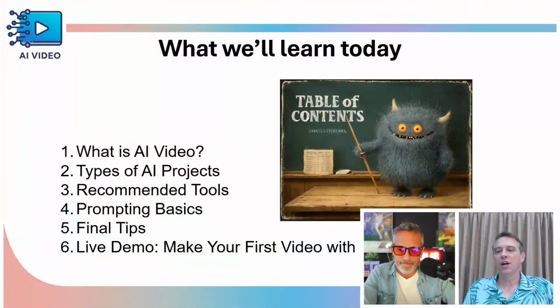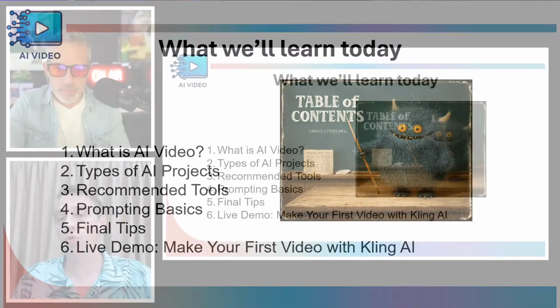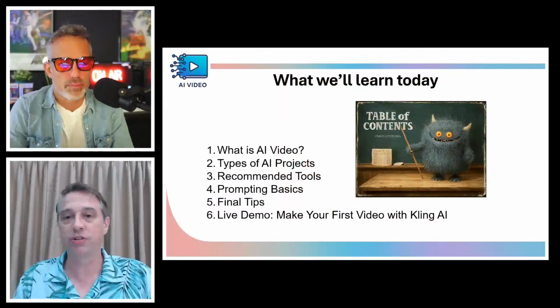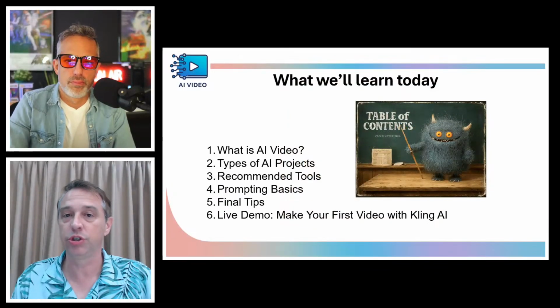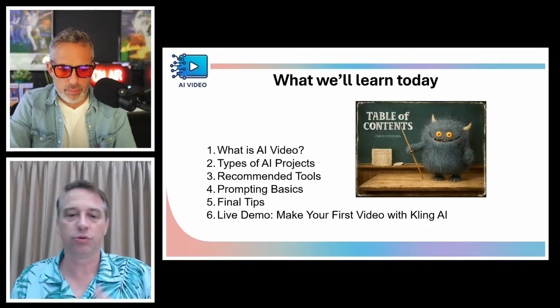Okay, great. So I just want to start off by giving you some expectations about what this course would be about today. This little mini course is about 30 minutes long. I want to talk a little about what AI video is, and then we're going to talk about the types of AI projects that you can do. I will be giving you recommendations for different AI tools for different functions. There's music tools and video tools and image tools.